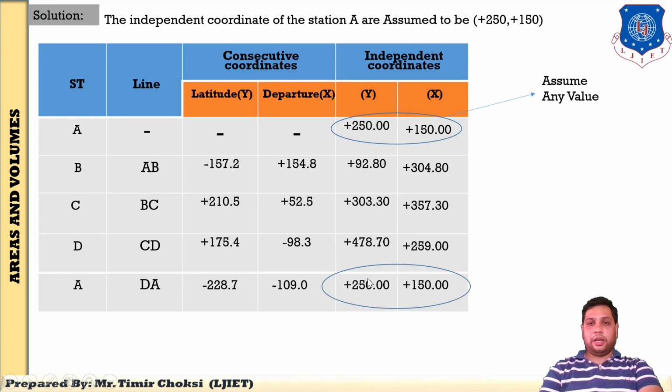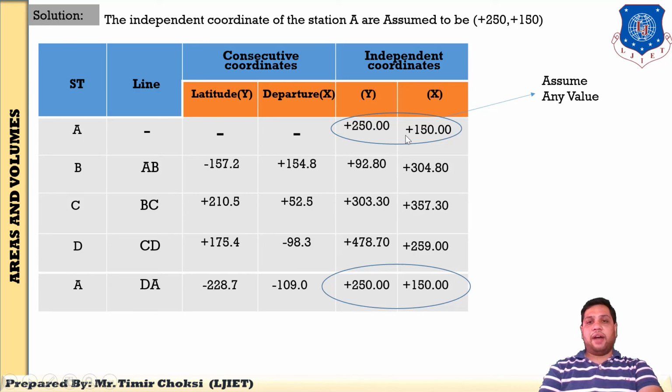So for y you cumulate the y values, and for x you cumulate the x values. The final answer is 150, the assumed origin. This is how you find the independent coordinates.